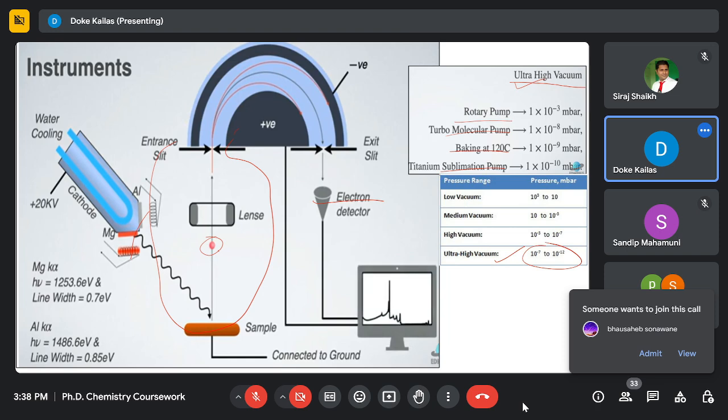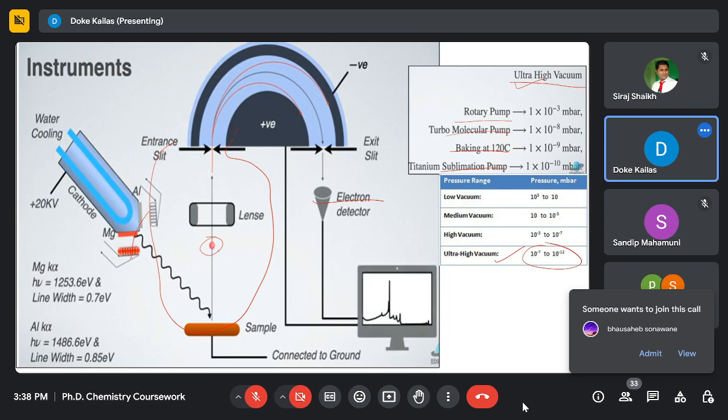Okay, we will go to the next slide. This is about the instrumentation. Now, how do we get the spectra in the spectrometer? This is one of the XPS spectra, where this is the basic equation, the energy conservation equation.